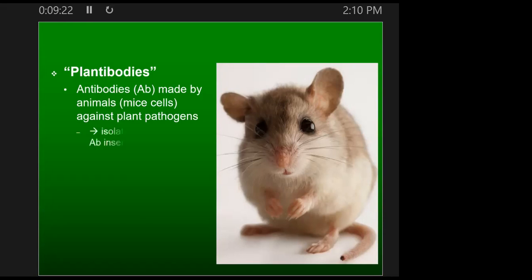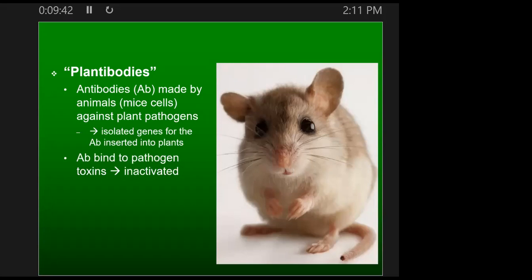And then you isolate the genes that are coding for that antibody against the plant pathogen. And then you take that gene and you put it into a plant. And if the plant expresses it, then the plant will produce those antibodies that are specific to that plant pathogen.